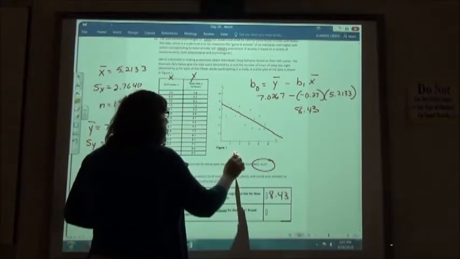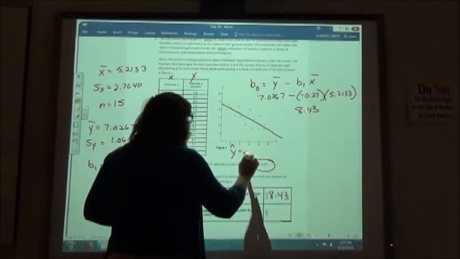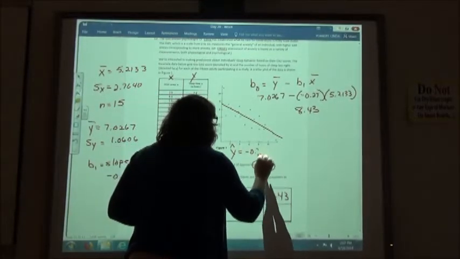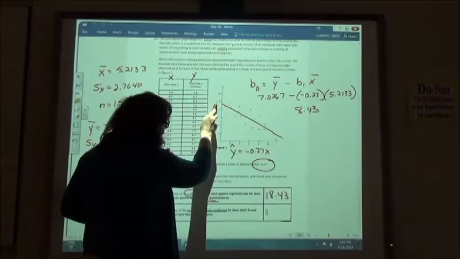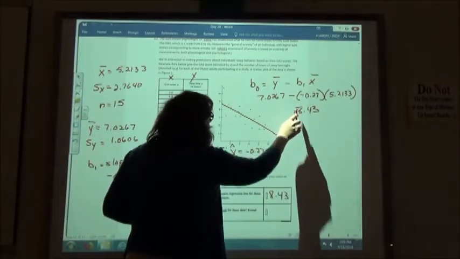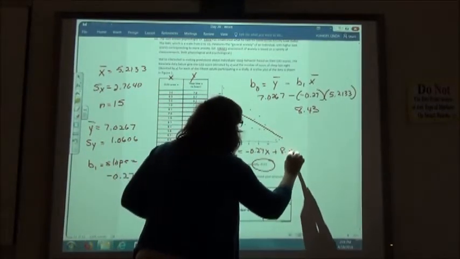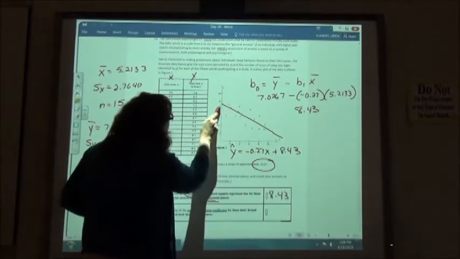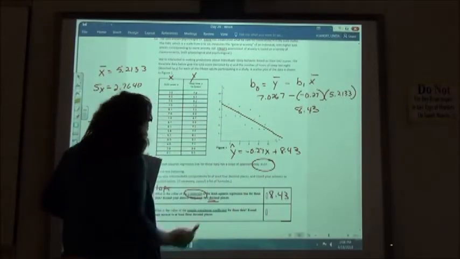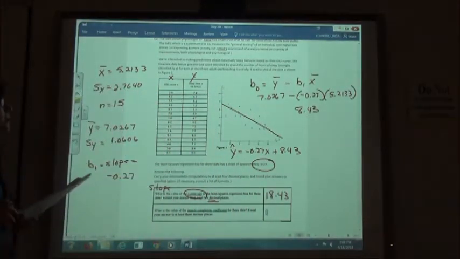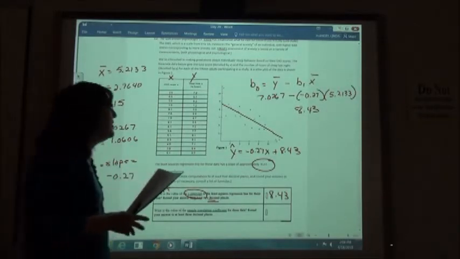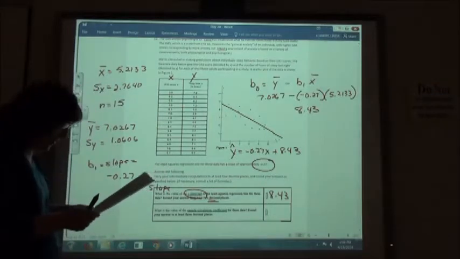Which means my regression equation would have been y hat equals negative 0.27x. My slope is negative with a y-intercept of positive 8.43. You can see I kind of drew my line in there. It's not quite at 8.43, but it's kind of close to that. It's between the 8 and the 9 anyway. So when I drew my line in there, it was kind of close.